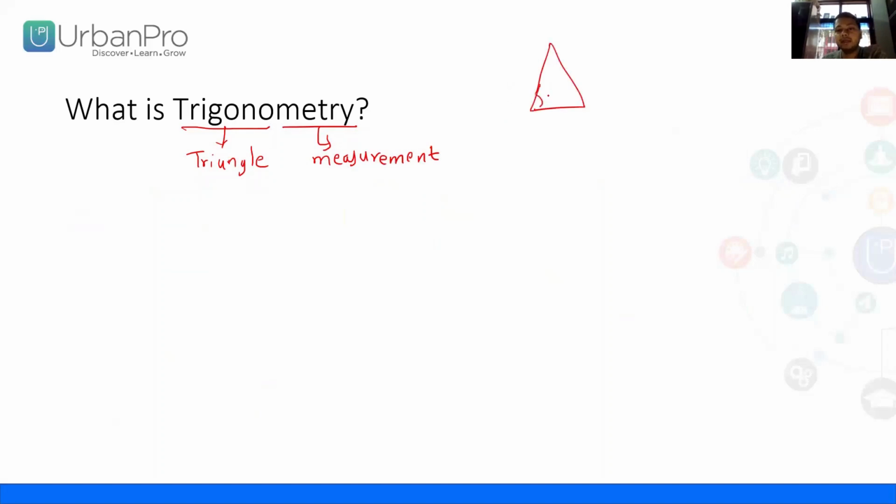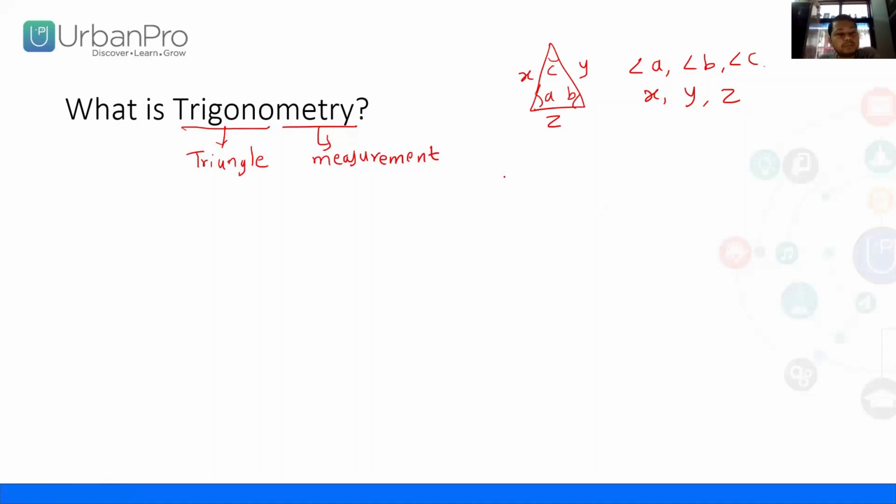We have three angles like A, B, C, and we have three sides, suppose X, Y, Z. Amongst these six parameters, some can be given, and the other parameters we have to find. With the help of trigonometry, we can find that. So basically trigonometry is this.